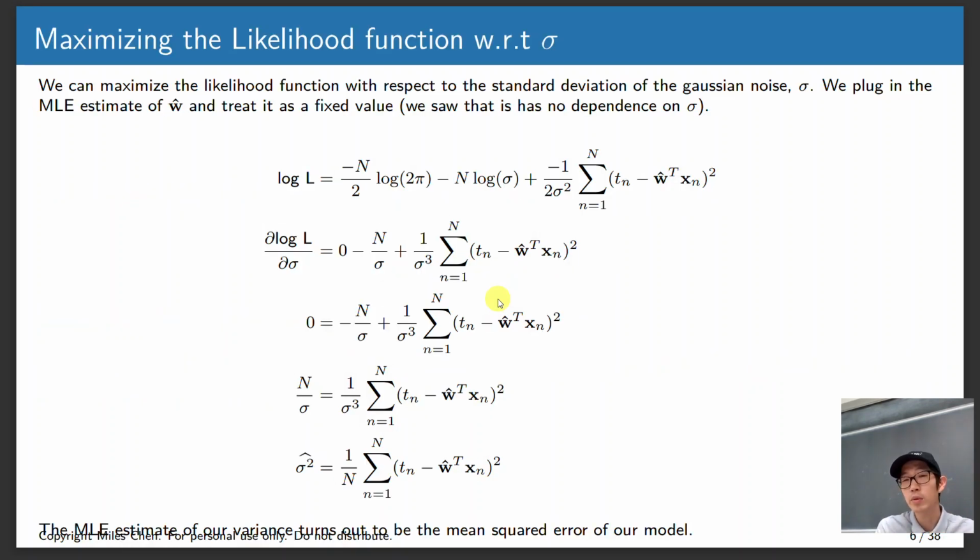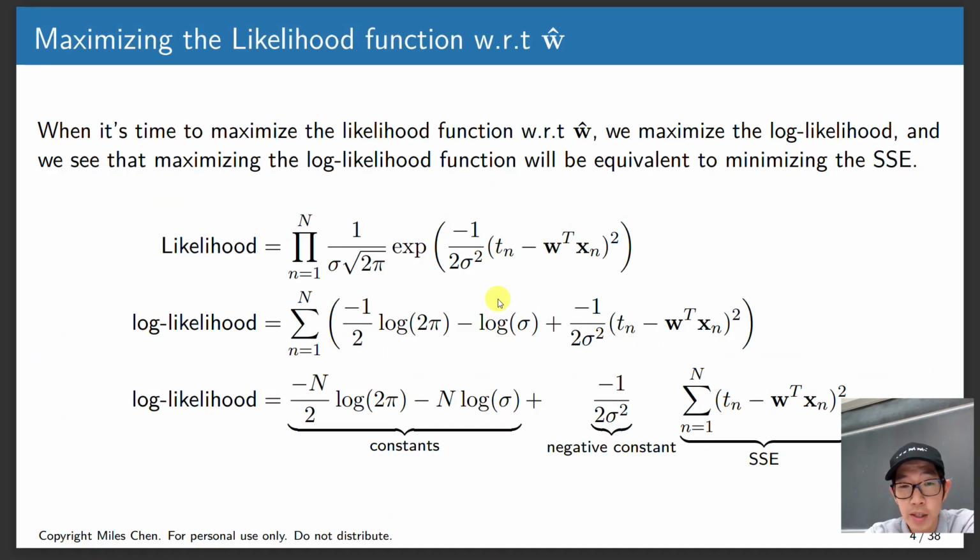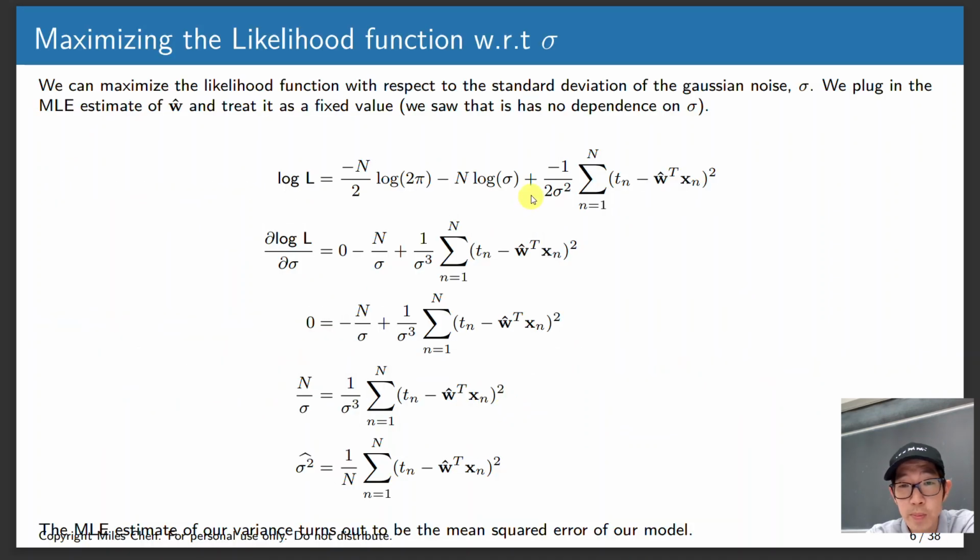Okay, what we want to do now is ask whether we can maximize the likelihood function with respect to the standard deviation or the variance. This is our log likelihood function, and we want to maximize it with respect to sigma.